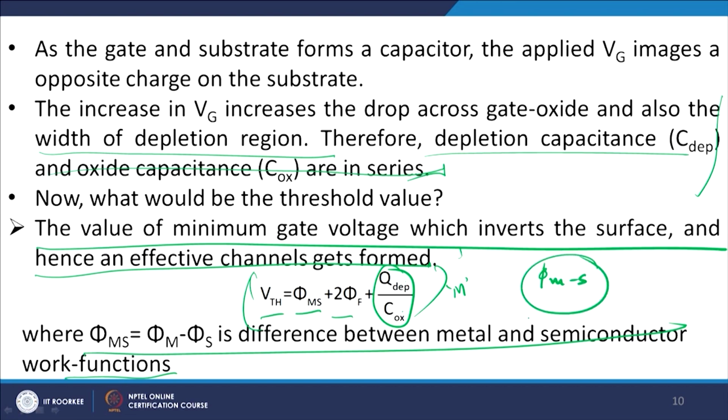Metal and semiconductors do not have the same band gap and the same intrinsic carrier concentrations, so they are shifted in space by a large quantity. If we can somehow bring these two together in one domain, we will be able to understand phi ms, which is basically the difference of phi m and phi s, where phi m is the work function of the metal and phi s is the work function of silicon.